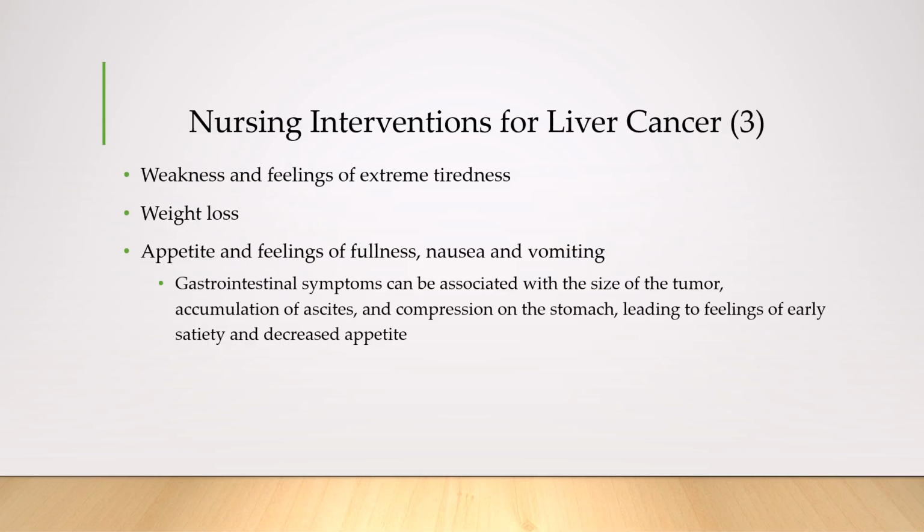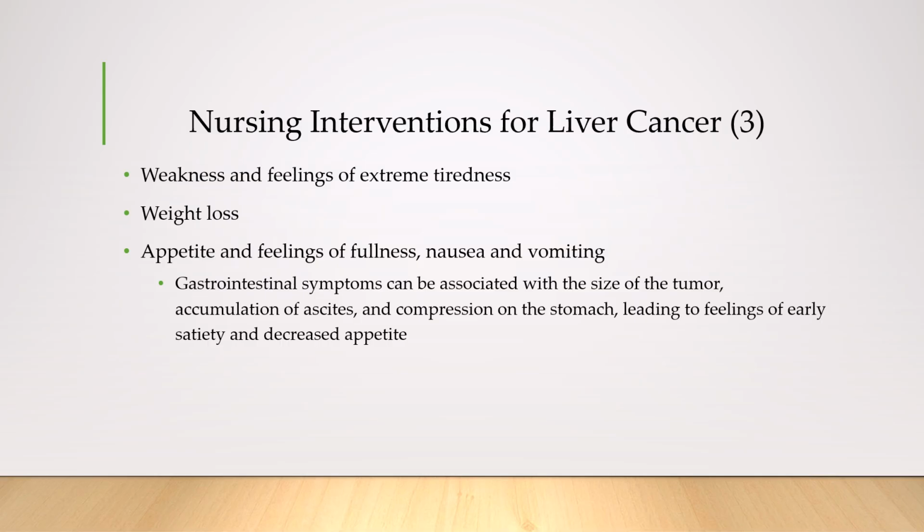So we are going to assess for weakness and feelings of extreme tiredness. We are going to assess their weight loss. We are going to monitor their appetite and feelings of fullness, nausea, and vomiting. Gastrointestinal symptoms can be associated with the size of the tumor and the accumulation of ascites, and compression on the stomach, leading to feelings of early satiety and decreased appetite.